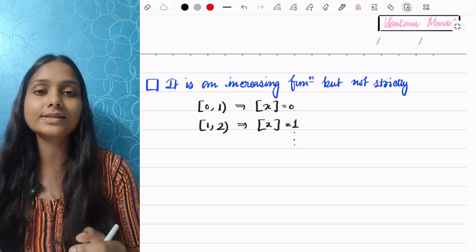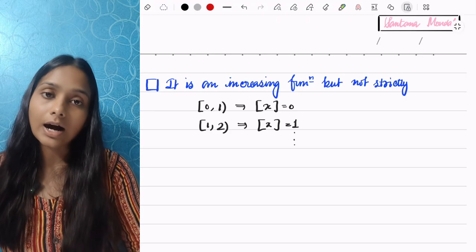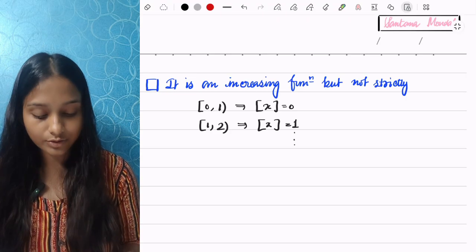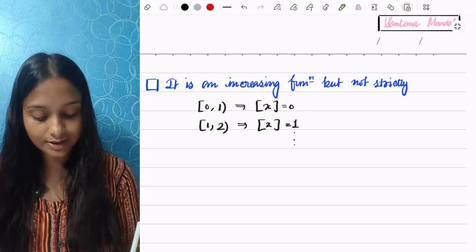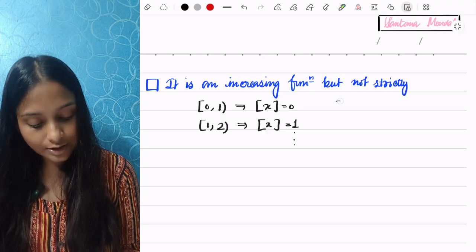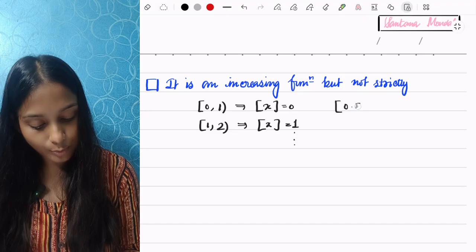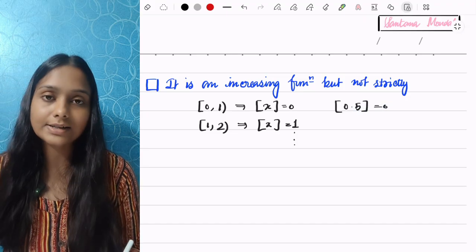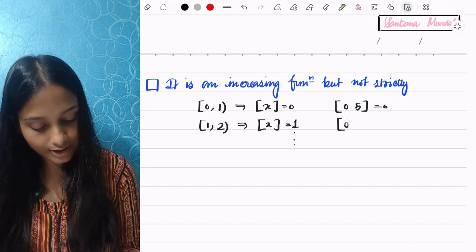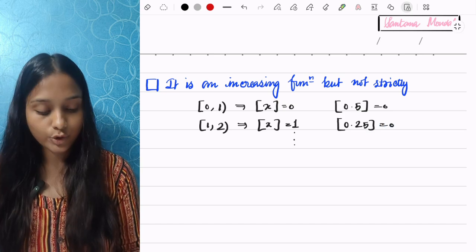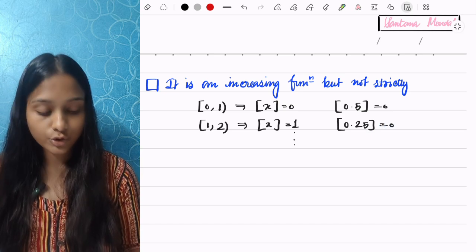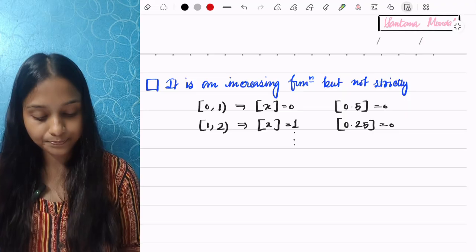And if we go to the negative part, there are negative values, and again the values are increasing. So it must be increasing, but it is not strictly increasing. Why not? Because if we take a value like 0.5, there we will get 0. Again, if we take a value like 0.25, there also we will get 0. So those are giving equal values. So it is not strictly increasing.